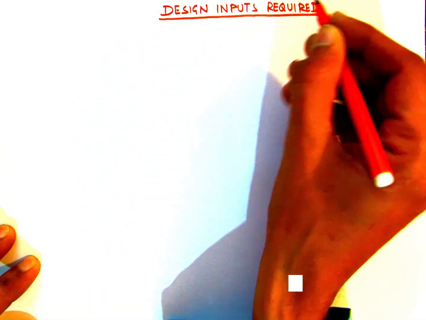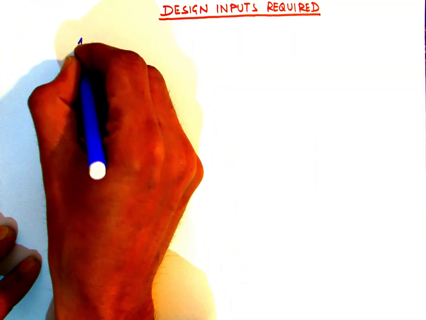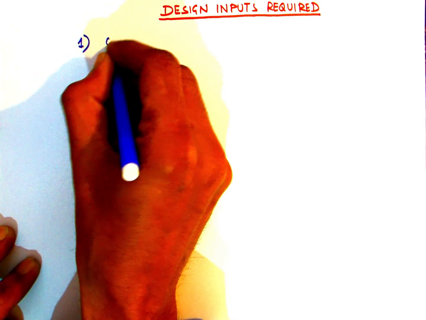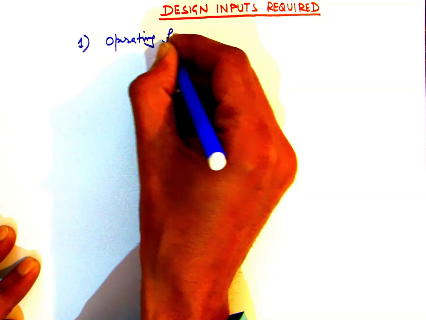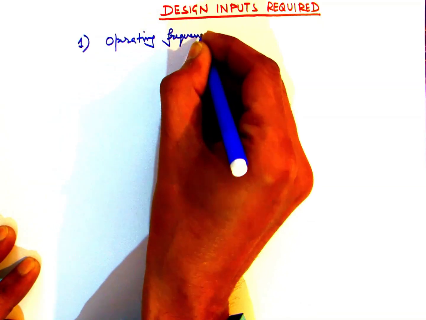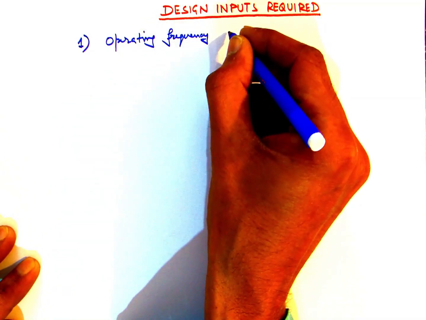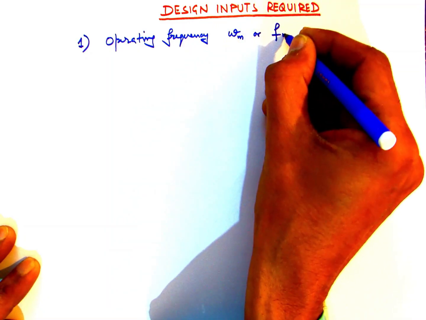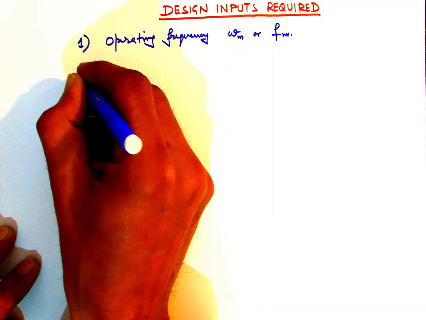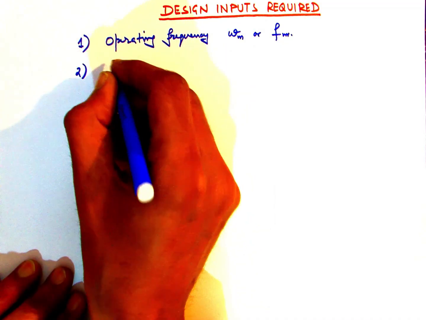So essentially the design inputs which are required are as follows. Number 1, we need the operating frequency of the machine. This information has to be supplied by the manufacturer, either in radians per second or in hertz.